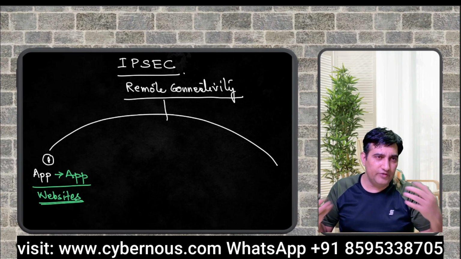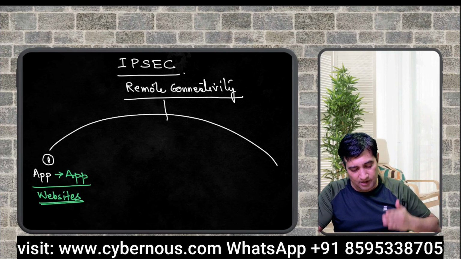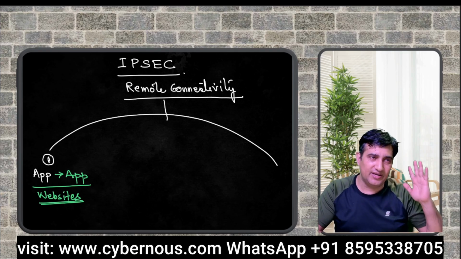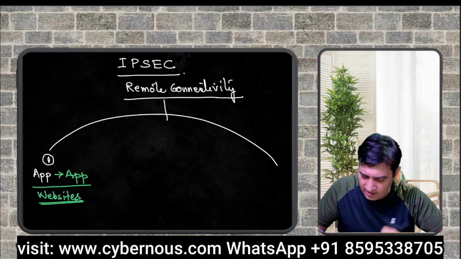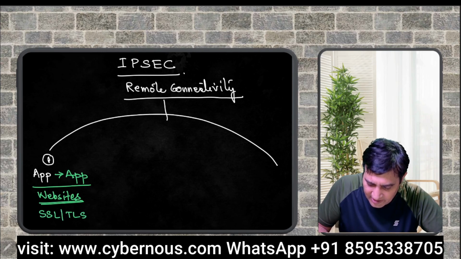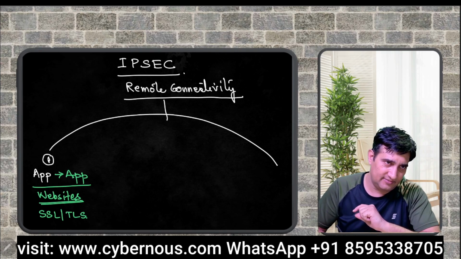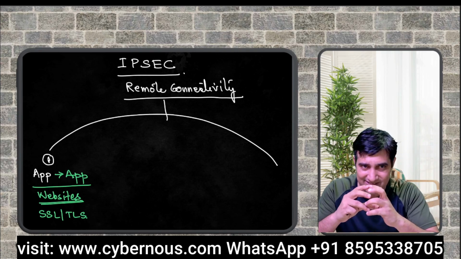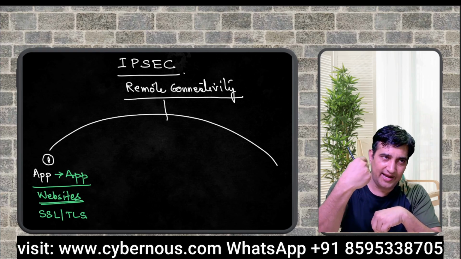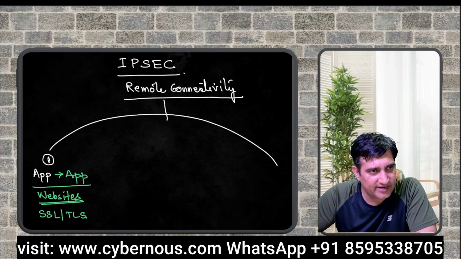So we use secure protocols which can make sure that the data in transit, when the data is traveling from point A to point B, is kept secure. How do we do that? We simply use SSL/TLS. Specifically, you should be using TLS 1.2 or higher. That will make sure that an encrypted tunnel is created between your application and the remote application. That's all. So that's one way of connecting.